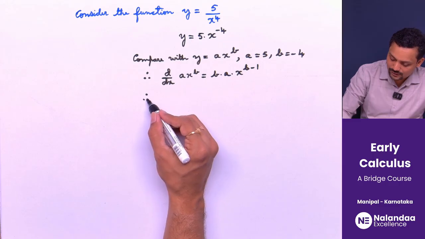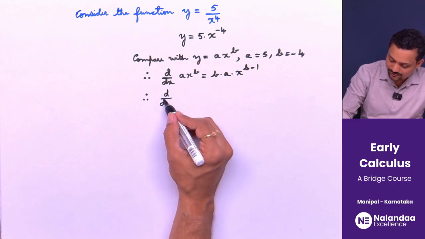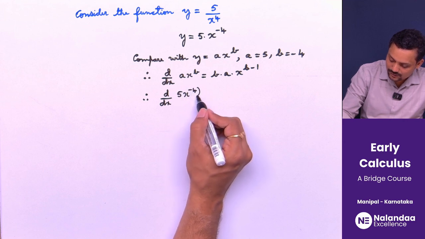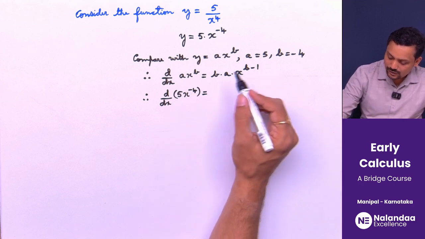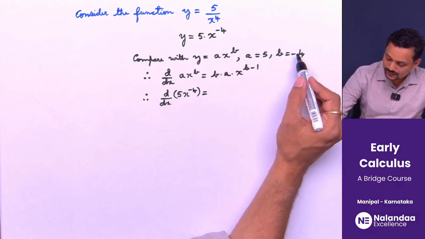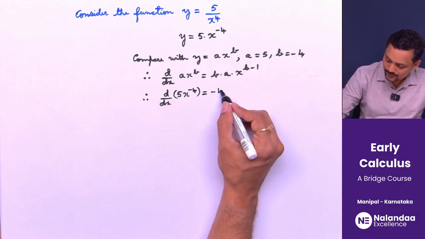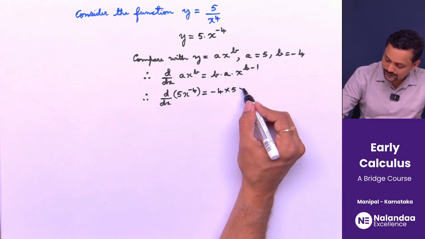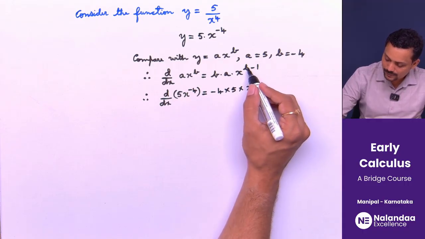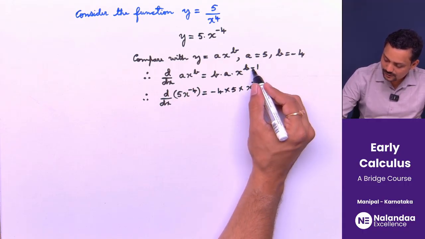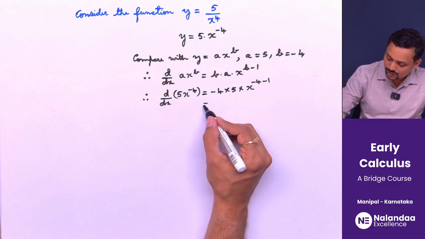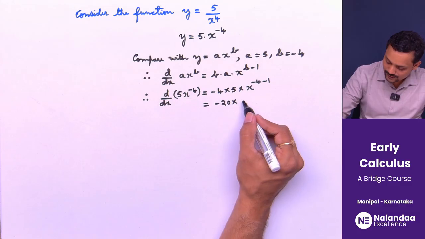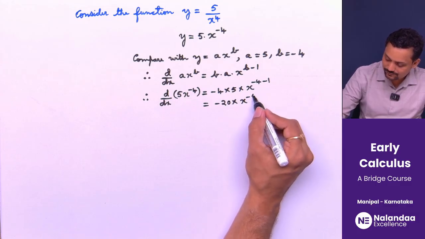So therefore d by dx of 5 into x power minus 4 is, so first we have to write b, so that is minus 4 into a, that is 5, into x power b, that is minus 4 minus 1. So minus 4 into 5 is minus 20 into x power minus 5.